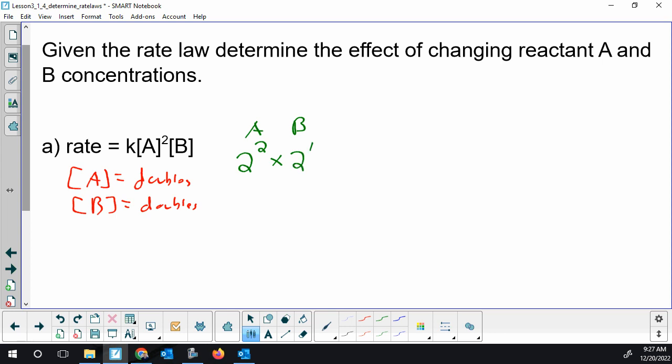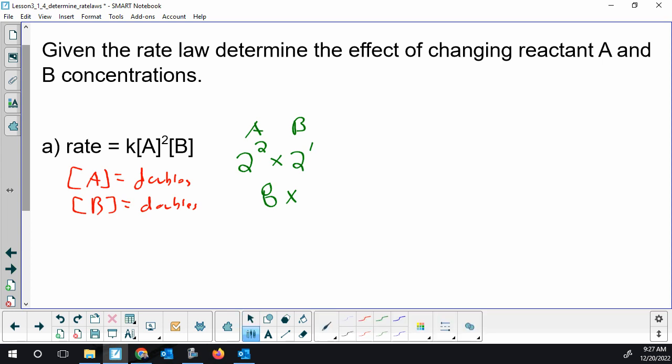I wouldn't expect you to write the 1, but I'm just emphasizing the order. So this ends up being 2 to the power of 3, or 2 times 2 is 4, times 2 again is 8. So we're going to see an 8 times increase in the rate of reaction if you double A and double B because of the second order and the first order kinetics.